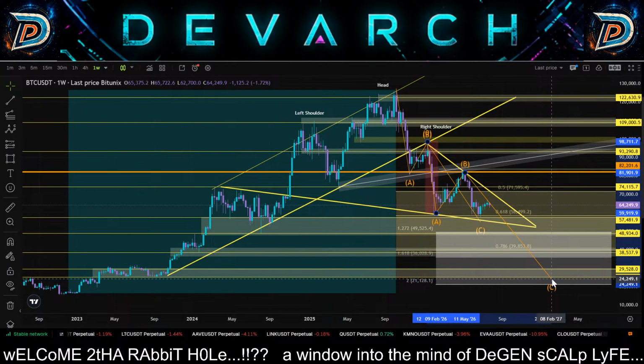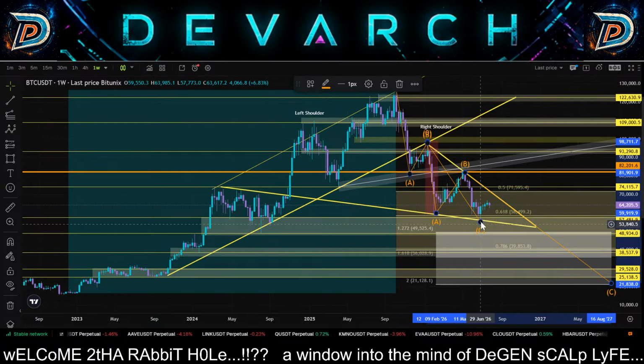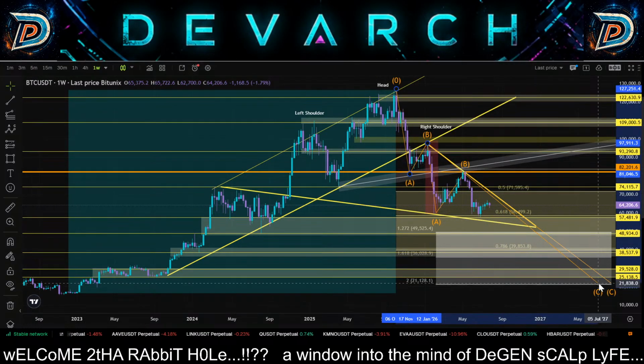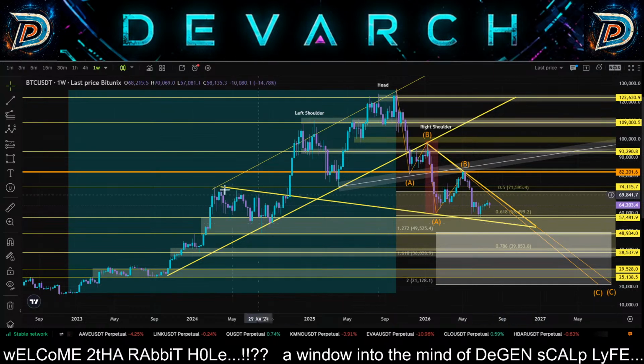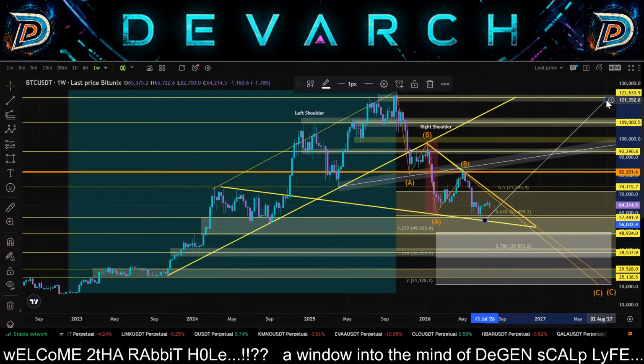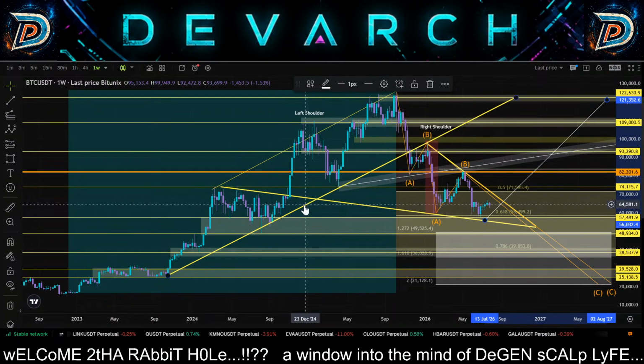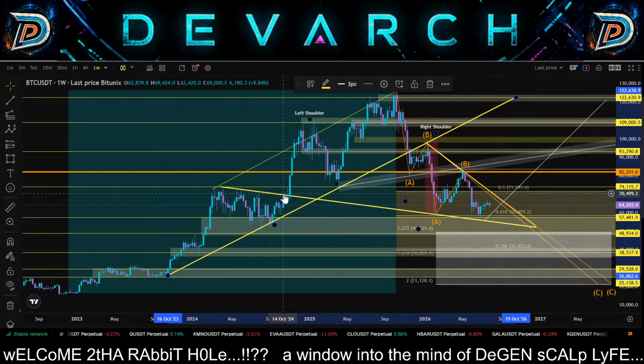So this is where I go like this, and sometimes I'll even do it like this. And then we've got some options here. Again, you see how symmetrical this line is to this line? Very similar to how this line is to this line.